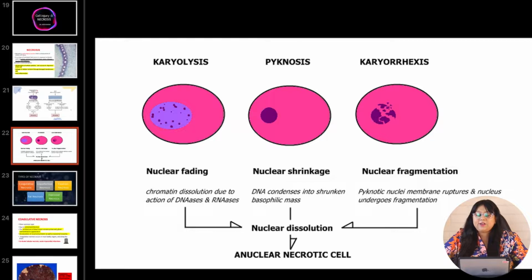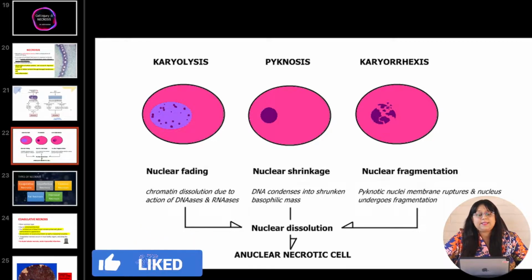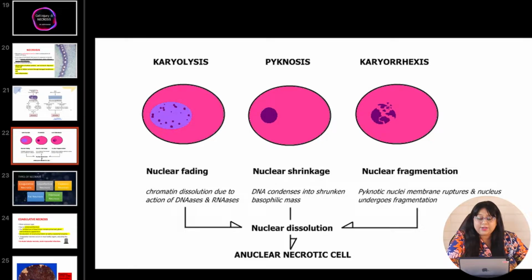And what is karyorrhexis? In karyorrhexis, there is nuclear fragmentation. The pycnotic nuclear membrane ruptures and the nucleus undergoes fragmentation. So you can see here in this image, there is fragmentation of the nuclei. This phenomenon is known as karyorrhexis. And what is karyolysis?